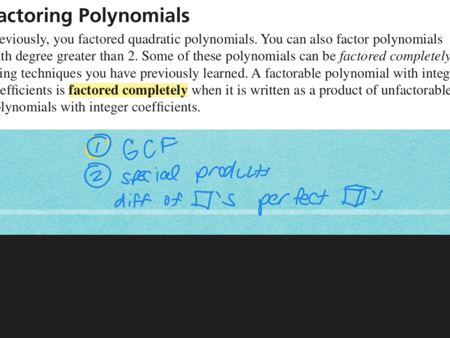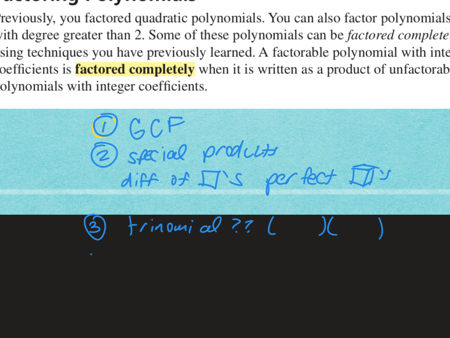And then third, we like to say, is it a trinomial? What's a trinomial? Three terms. If it's a trinomial, we want to try to break it down into two binomials. And then the last thing is, if there's four terms, what do we do? Anybody remember? Grouping.